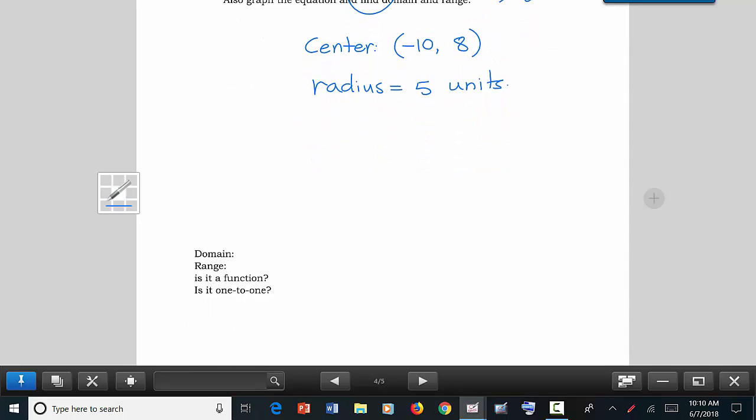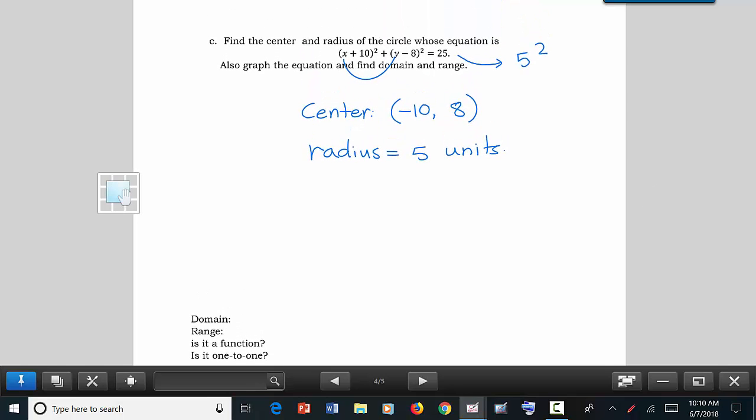Now here, this is a really cool question we can relate with. If we have the circle, let's say here, the center is at negative 10 on the x-axis, with tick marks negative 2, negative 4, negative 6, negative 8, and negative 10, and 8 units up, 2, 4, 6, 8.